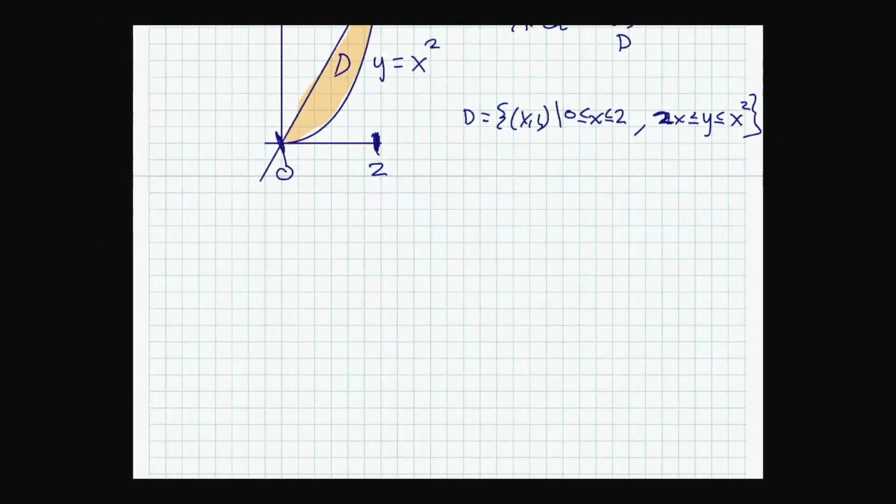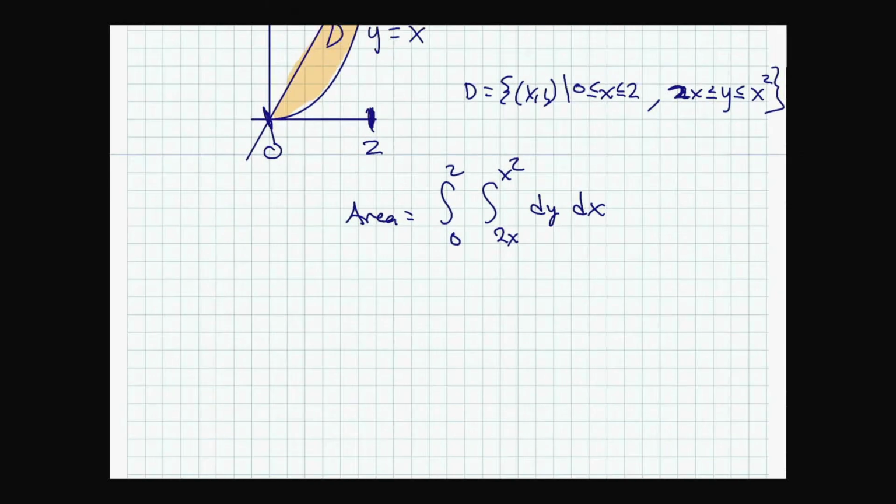So you got to get better at writing out these regions. Once we write out the regions, I can say that the area is now going to be an integral from 0 to 2 for my x integral, 2x to x squared for my y integral, and then you do the y one first and the x one second.